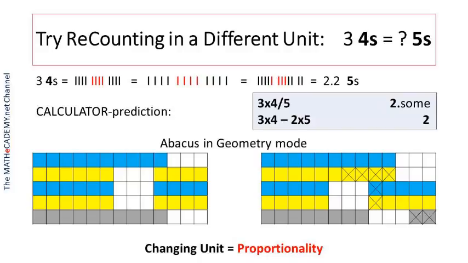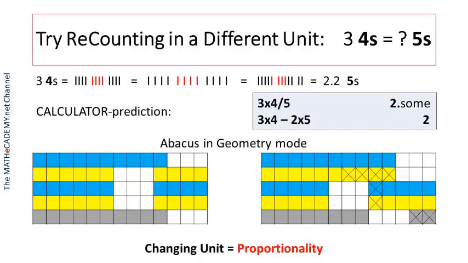To change a unit means recounting in a different unit. Asking 3 fours is how many 5s. We can find the answer in 3 different ways. Using sticks, we can debundle and rebundle the 3 fours to get 2.2 5s.